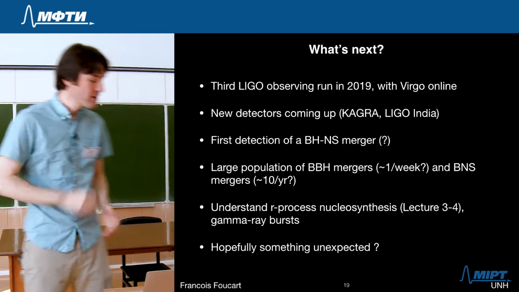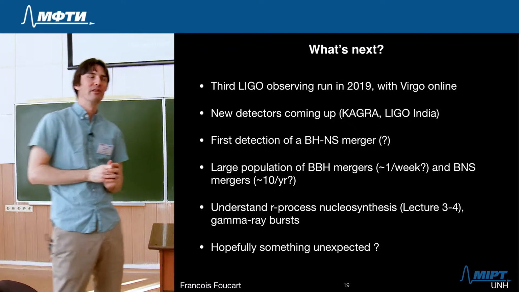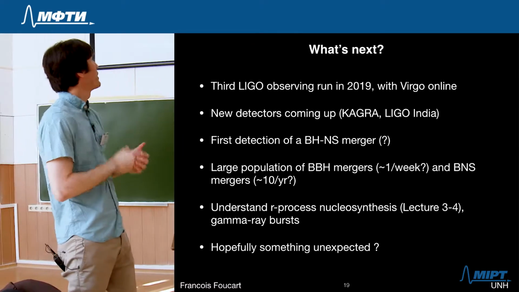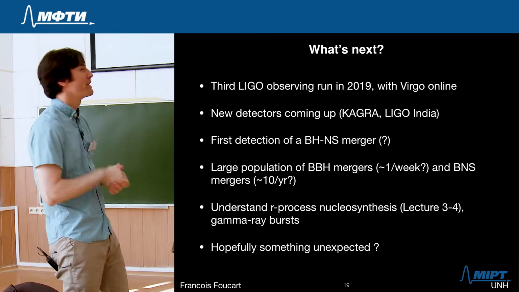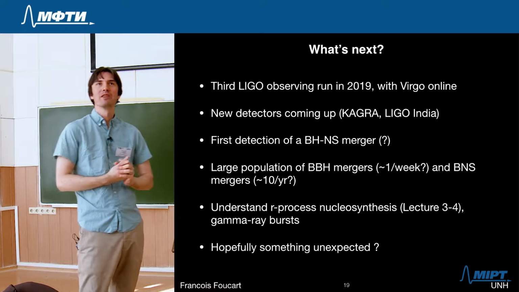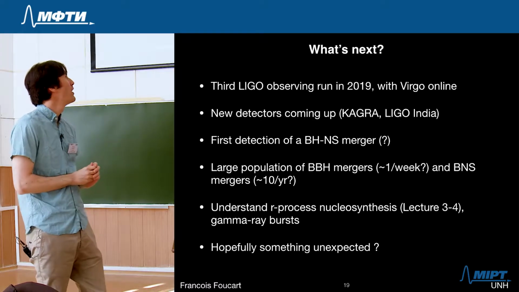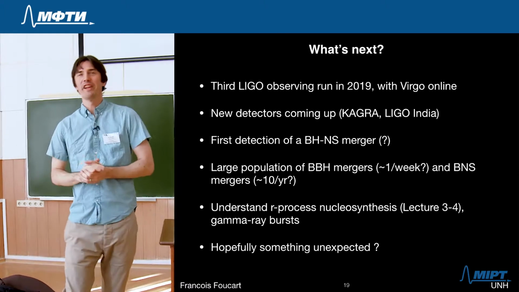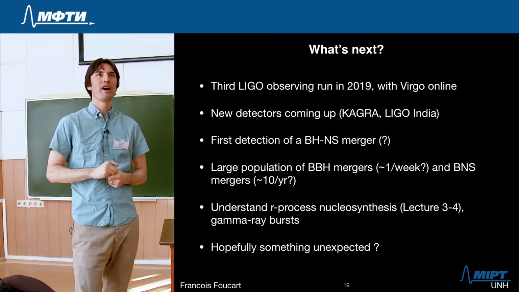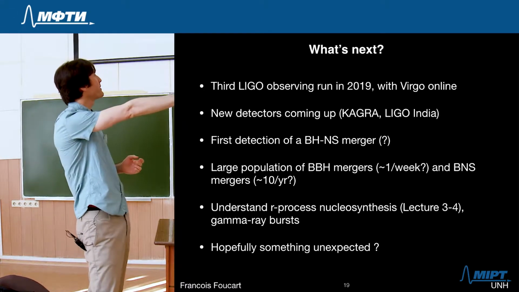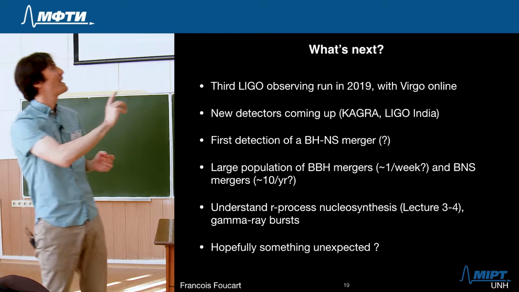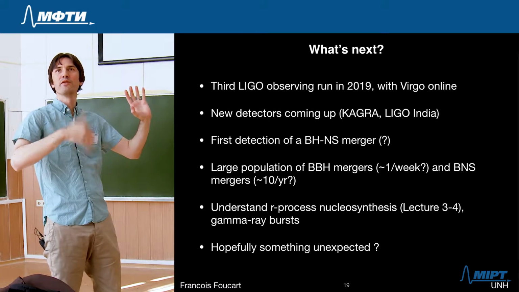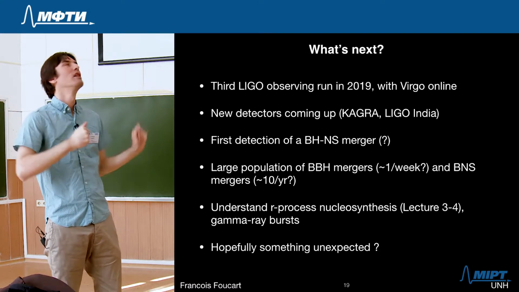So that's some of the things at least that LIGO has been able to do with these first rounds of observations. What is coming up now is, well, there will first be a third run of LIGO observations in 2019, probably with upgraded lasers, at least in one of the detectors, which will give you higher sensitivity at high frequency, and most likely also higher sensitivity at low frequency due to improved seismic isolation.